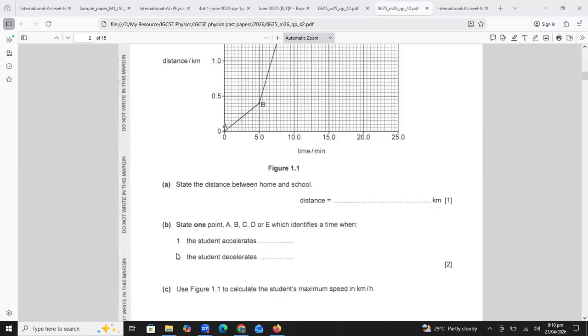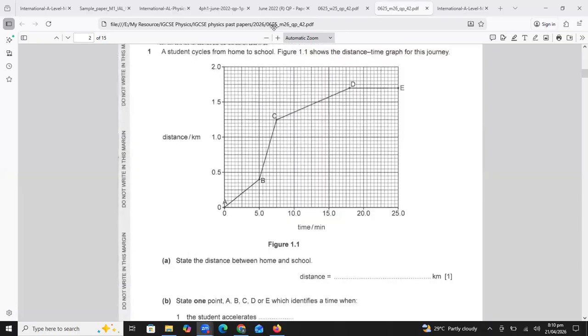Now, in the next question, they are saying we have to find when the student decelerates. Decelerate means that we have to find the point where the student's acceleration is decreasing. So we have to find the steeper line. So you can see B to C line has greater gradient, so its acceleration is greater.